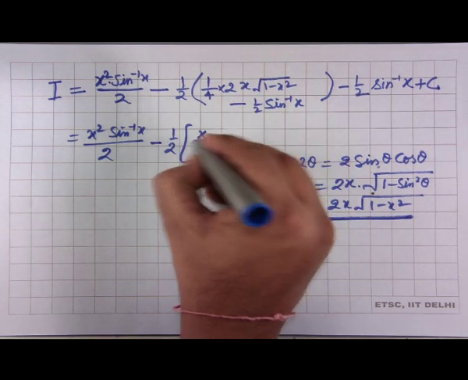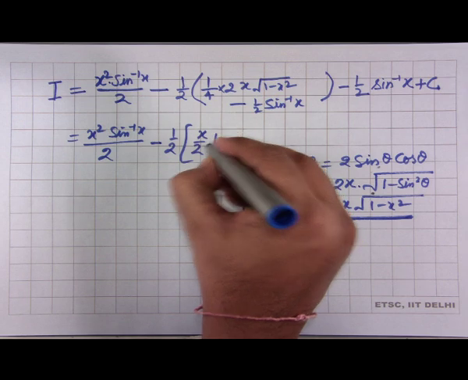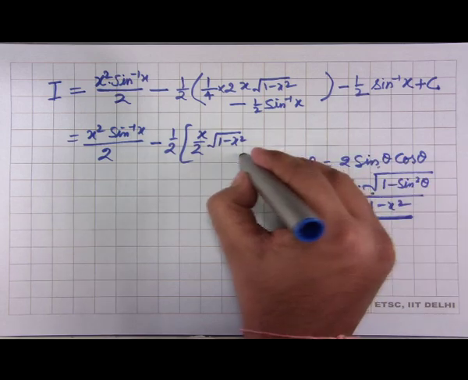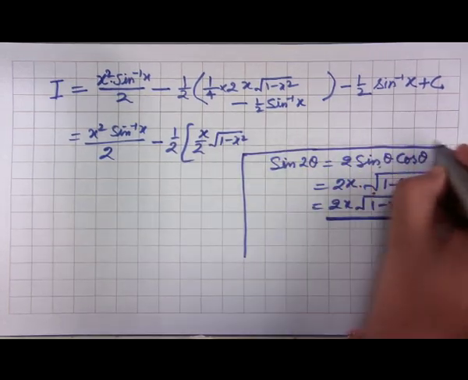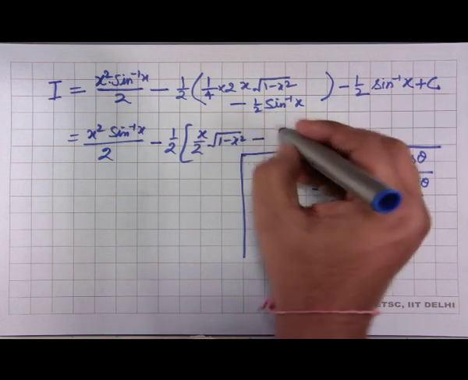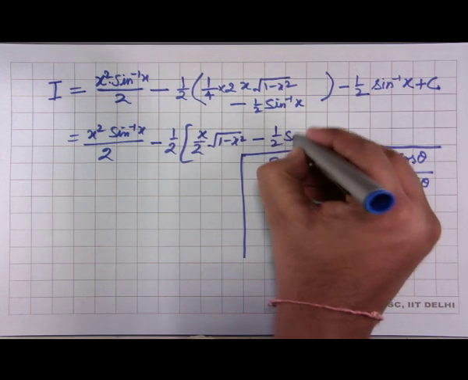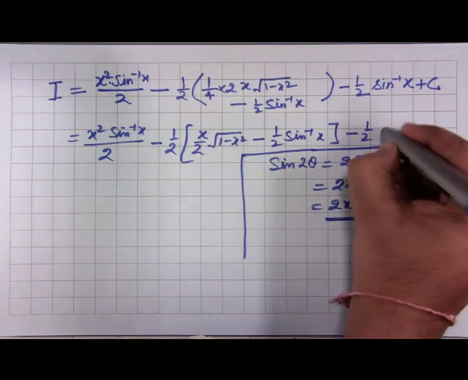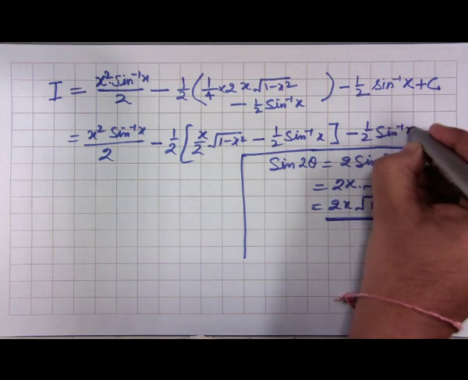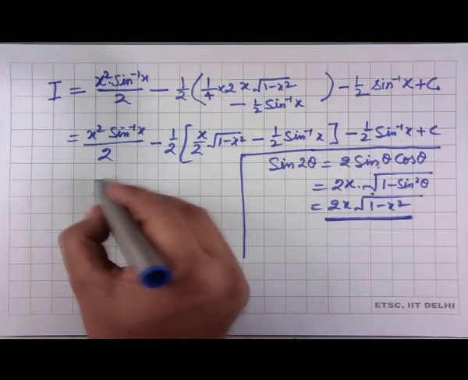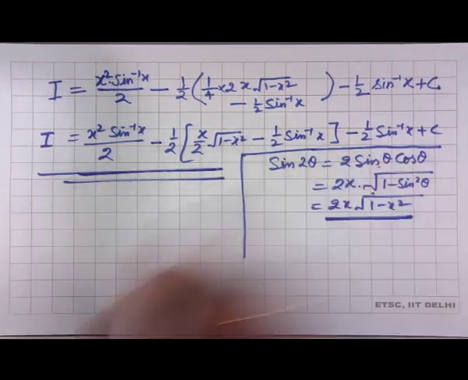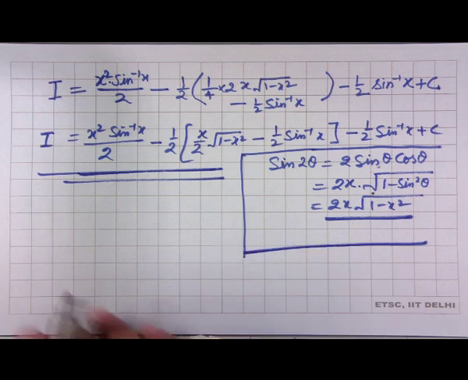So, this will make it x by 2 square root of 1 minus x squared, minus half of sin inverse x, plus constant. So, this is the final integral we evaluated after doing this entire procedure.